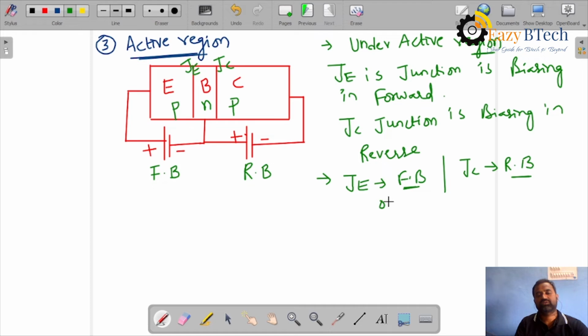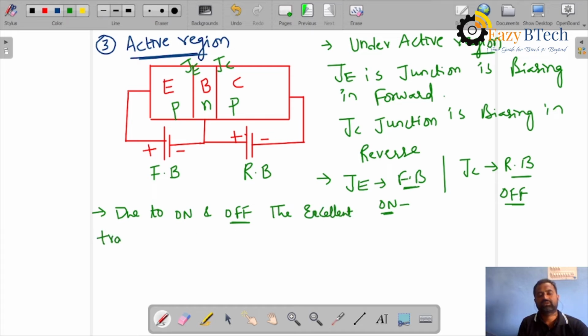It is on switch, it is off switch. Due to on and off, the excellent transistor action takes place.